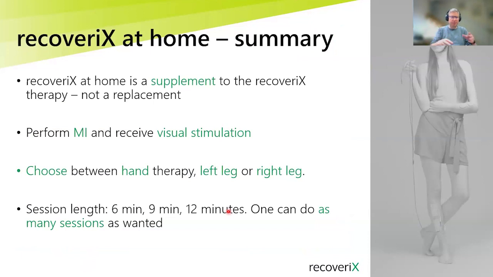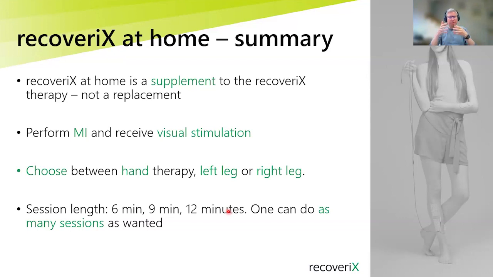I don't show you now how it looks like for the lower extremities, because you saw it already today in other sessions, where you would see the avatar in the mirror perspective, and you do again motor imagery of the left or right leg versus the other opposite hand, receive always feedback, and that's it.